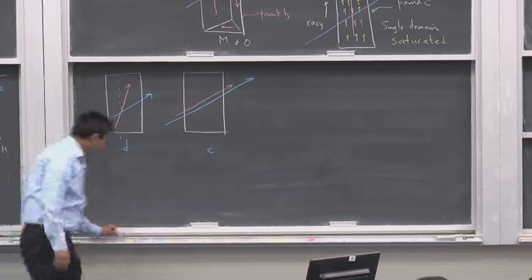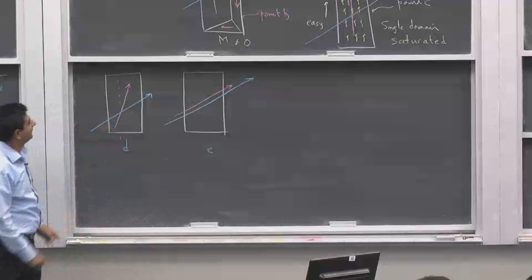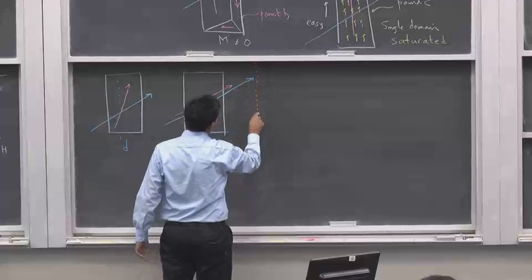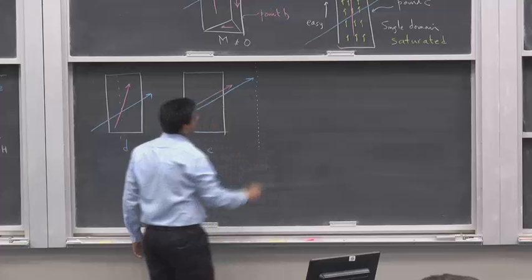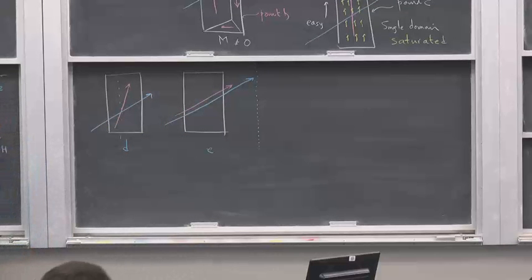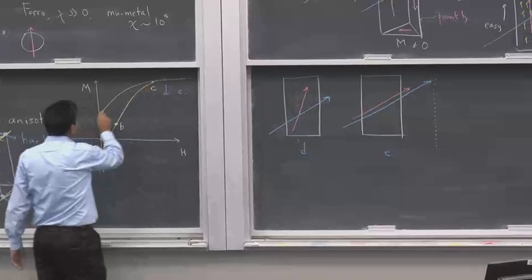Now the interesting point is what happens when we lower the field, which means we would like to go back from H in the reverse direction. We would like to lower this field slowly. The observation says that this curve is not going to take its original path.